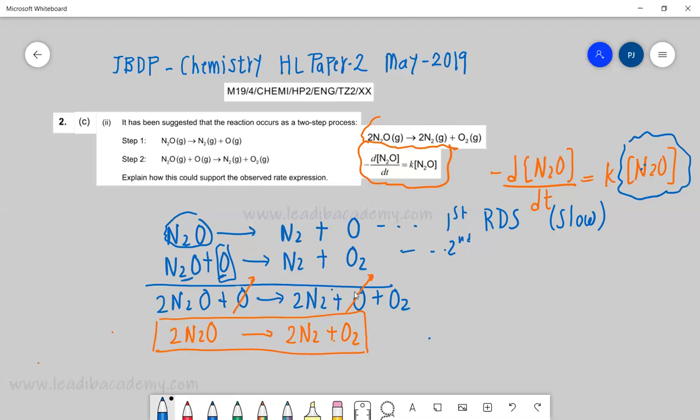So it is very clear that the first step has to be the RDS. Very simple. And basically we can conclude that this is nothing but a first order reaction and unimolecular.